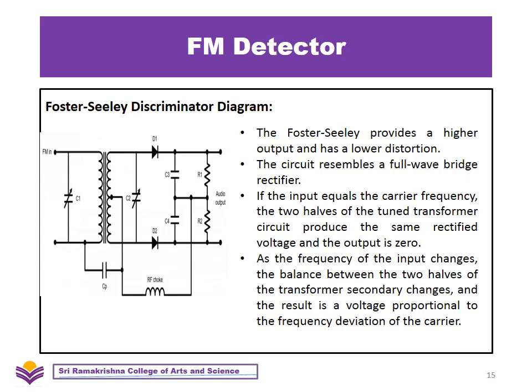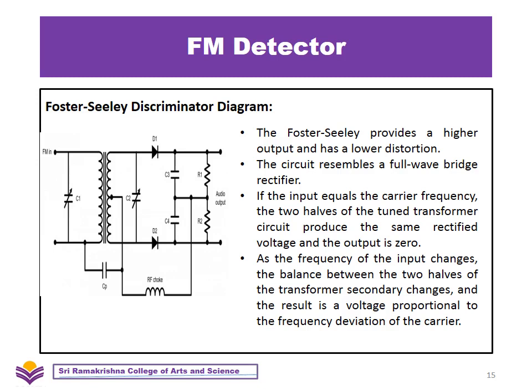In this slide, a circuit arrangement is shown for the Foster-Seeley discriminator circuit, and the explanation for the same is shown at the left hand side of this circuit. First of all, the frequency modulated input is applied to the primary of the transformer.